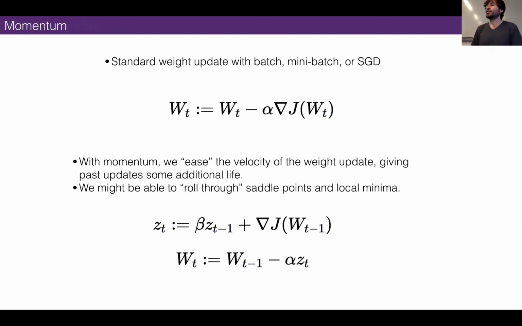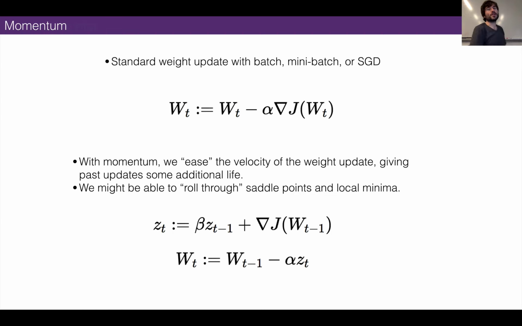So another way of getting out of these valleys is to use momentum. So what is momentum? We have an intuition for what momentum is. When you roll a ball down a hill, and let's say you roll the ball down the hill and it gets to the bottom of it, and now there's no more slope, but the ball keeps on rolling anyway.